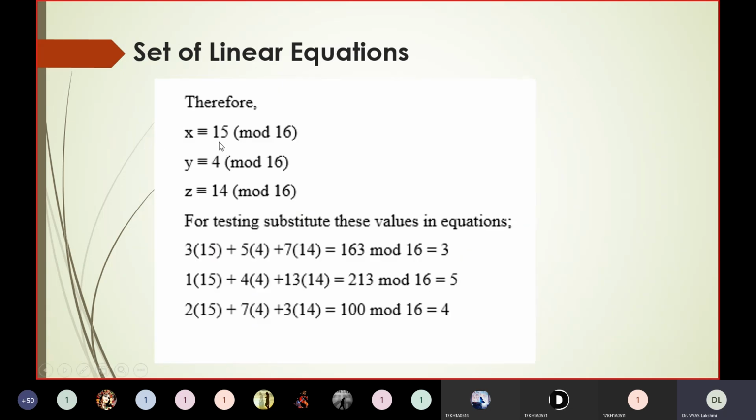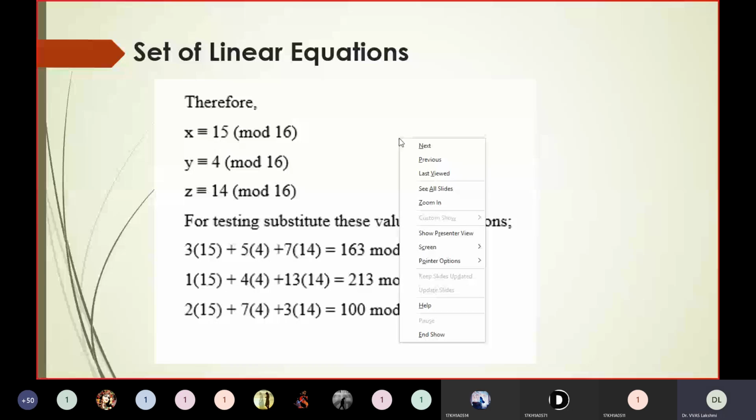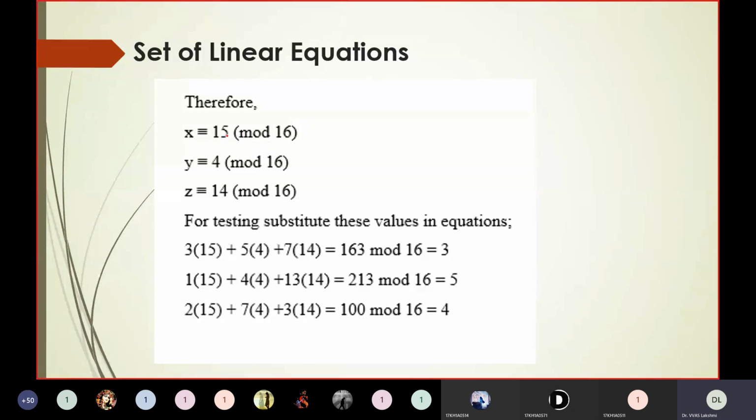So x is 15, y is 4 and z is 14. Here 15 mod 16 is equal to 15.